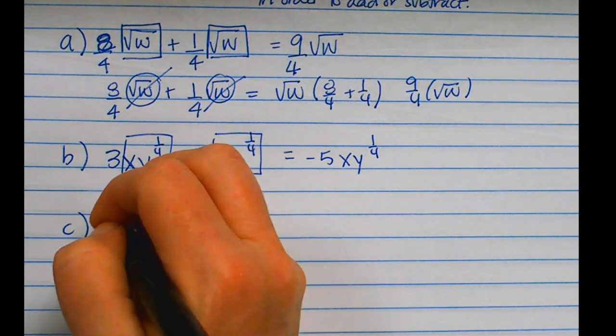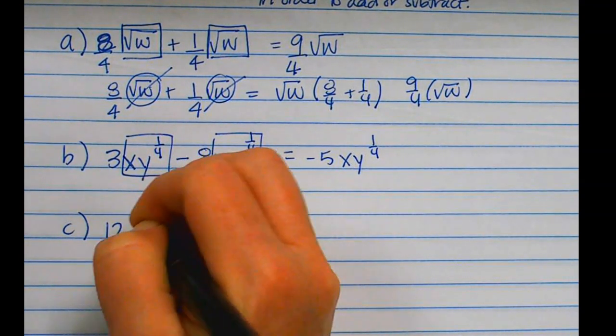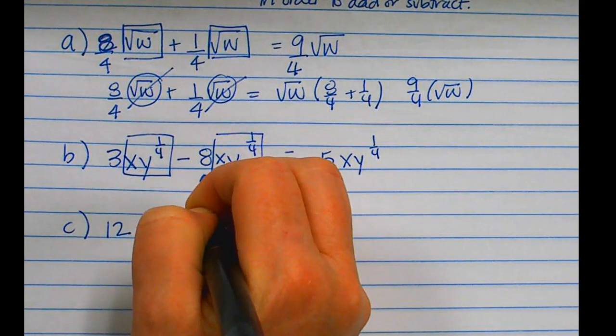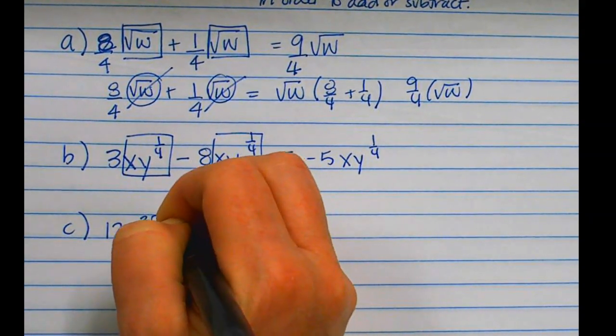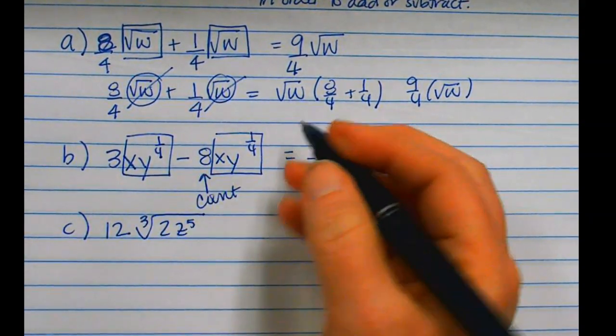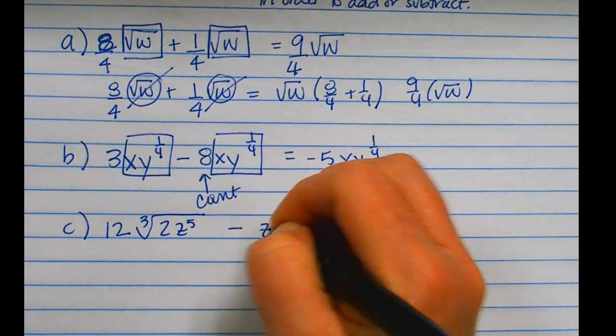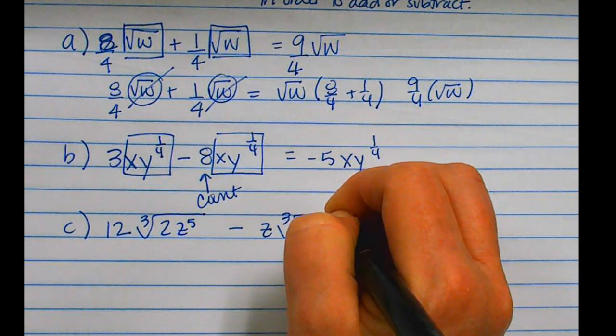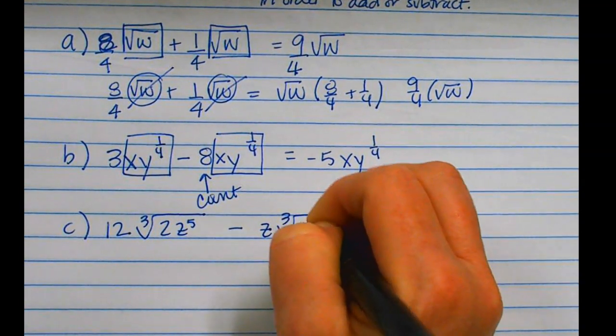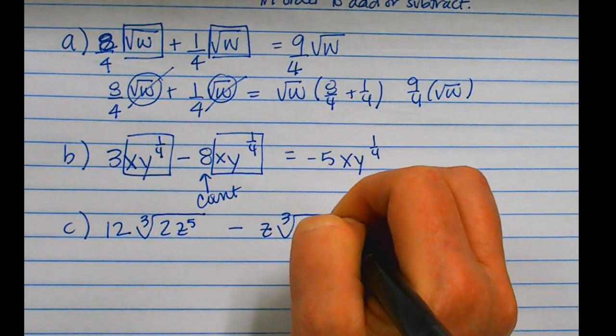Our C example says 12 times the cube root of 2z to the 5th minus z on the outside, the cube root of 54z squared.